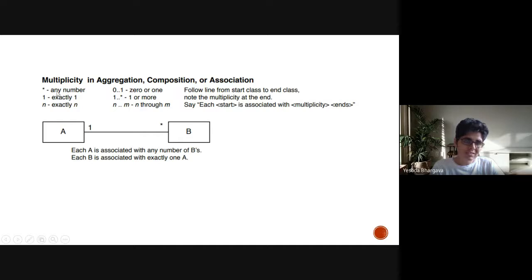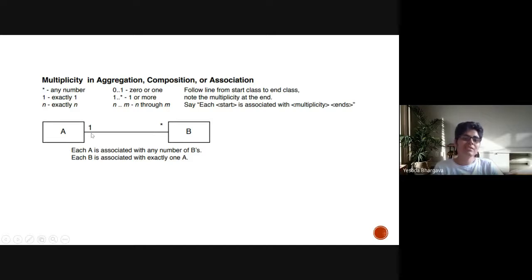First of all, there are some naming conventions. Star could mean any number, one means exactly one, n means exactly n. If you see multiplicity as 0..1, it means 0 or 1. If multiplicity is 1..star, it means 1 or more. And n..m means n through m.